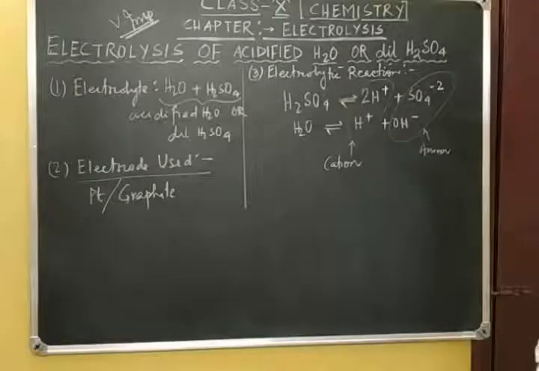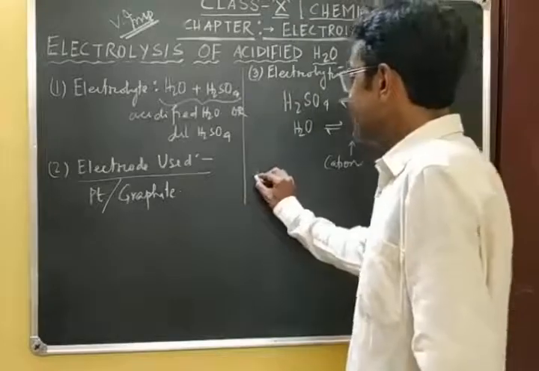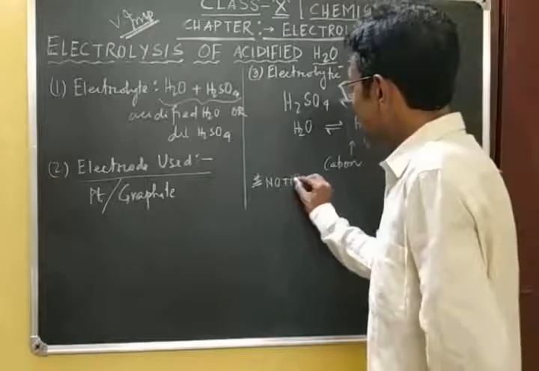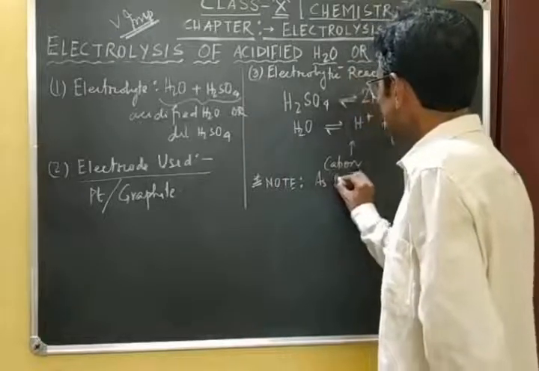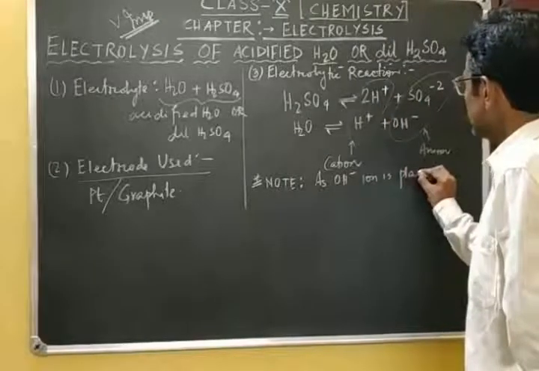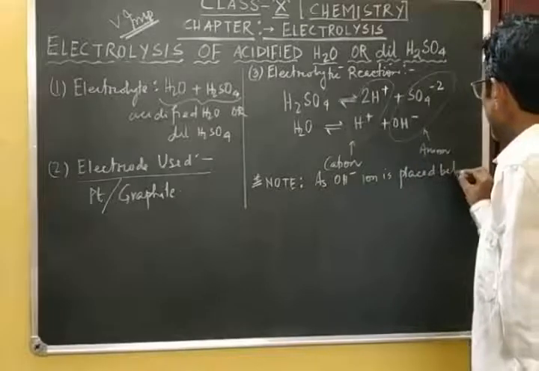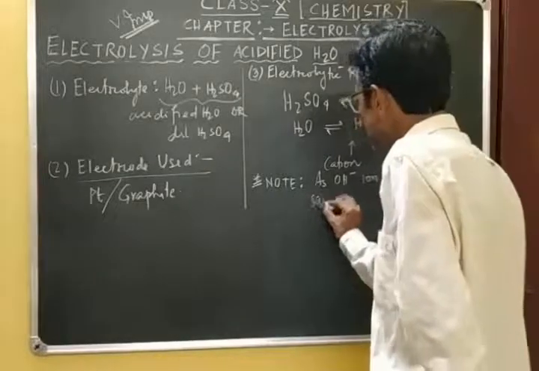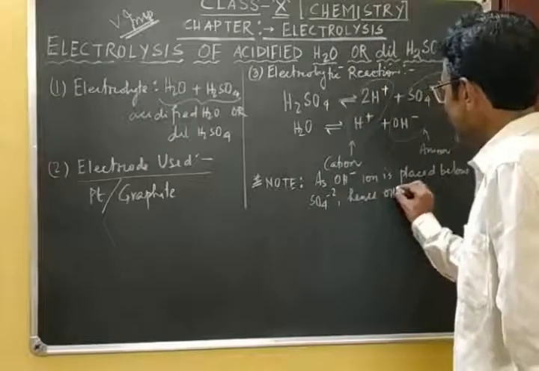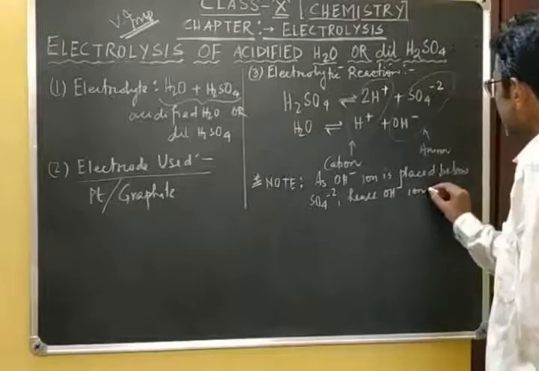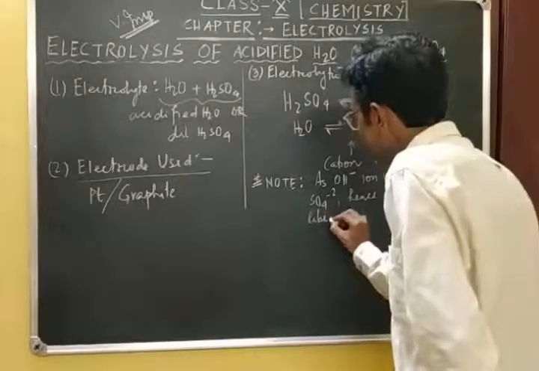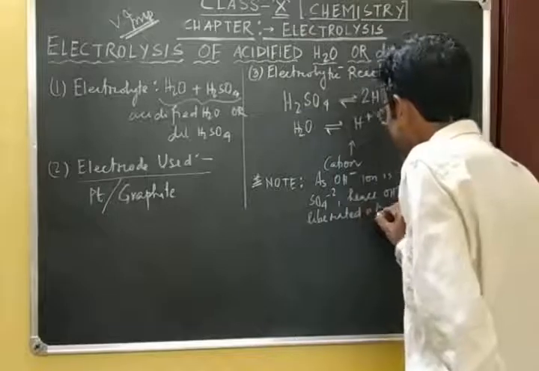If you want, you can write it in your copy, so this is a note for you. Note: as hydroxide ion is placed below sulfate ion SO4 2-, hence OH- ions will be liberated at the anode.